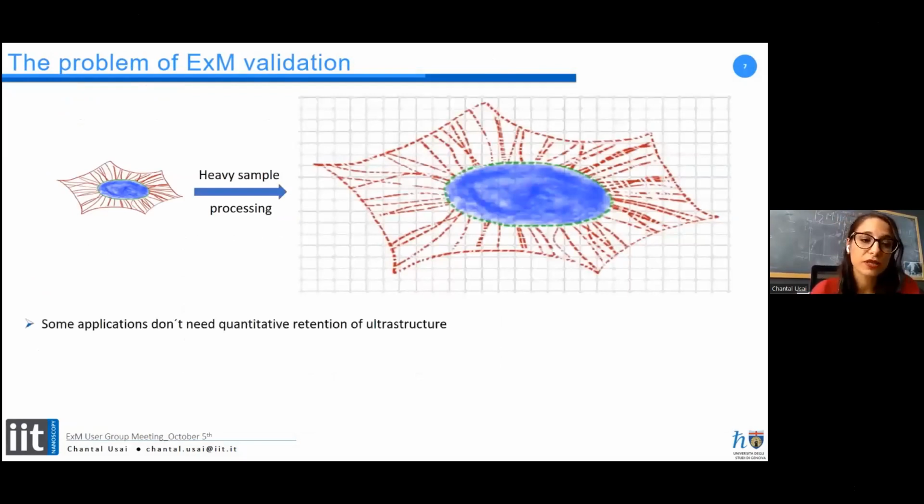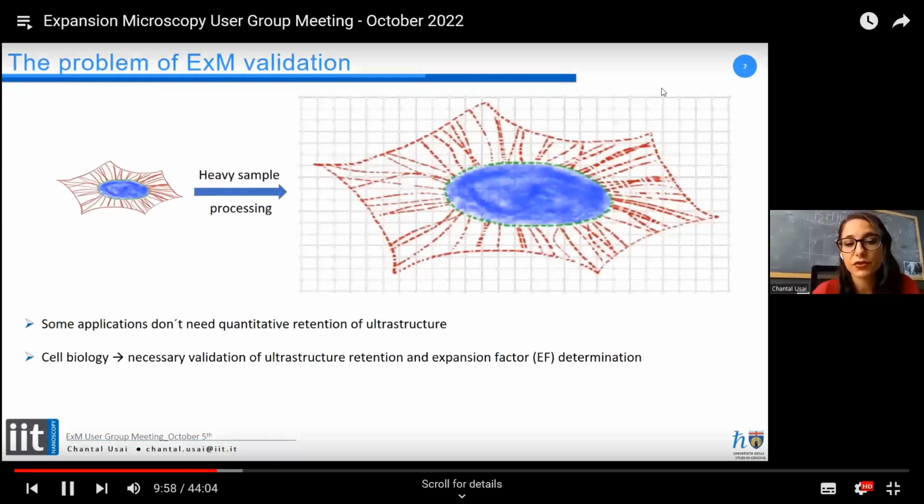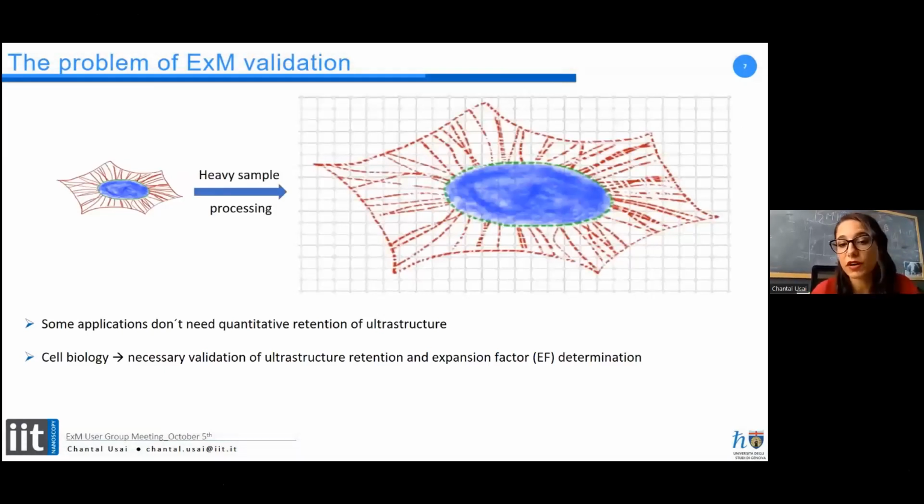Although for some applications, like for example the mapping of a neuronal network, the quantitative retention of the ultrastructure is not really needed, if we are talking about cell biology, the validation of the ultrastructure retention becomes very important. And you may also need to quantify your expansion factor in a more accurate way than simply measuring your gel size at the end of your expansion.